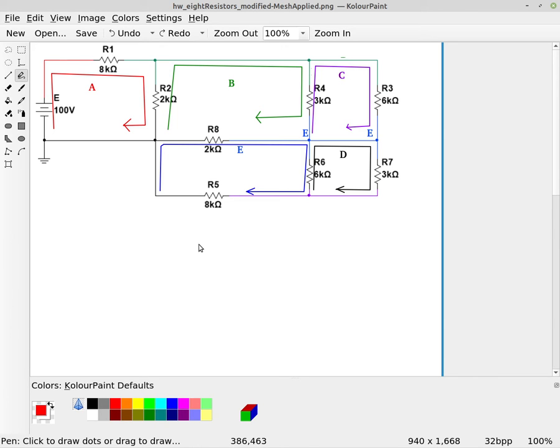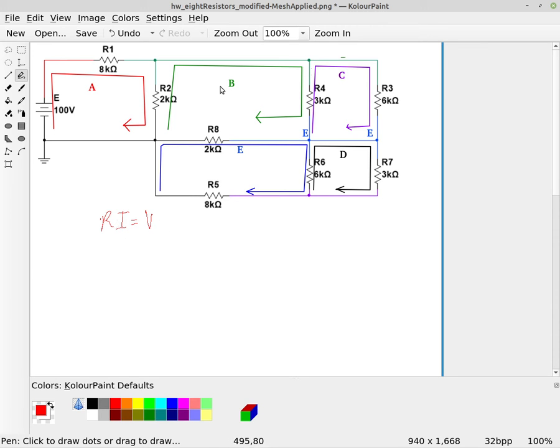working through this. So what we want to do is we want to create our R matrix. So remember, we're going to have an R matrix, R times an I matrix, and that's going to equal our voltage matrix. So we have a resistance matrix, a current matrix, and a voltage matrix, which gives us effectively Ohm's law.